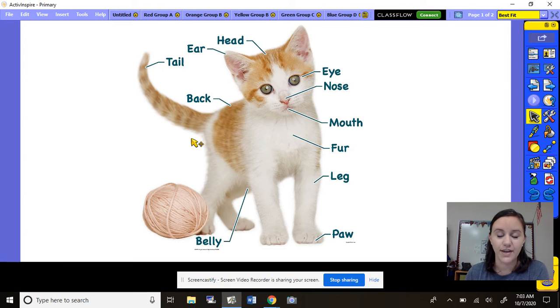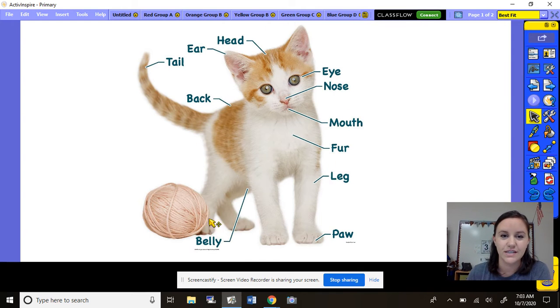And then I think about things that I know about kittens that are true. I might have to look up some information if there's things that I'm not really sure about. But I'm not really giving too much of an opinion in an informative piece. It's more fact. It's more real, true information because I'm trying to inform my reader about kittens in this case.